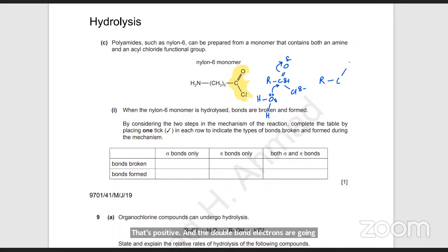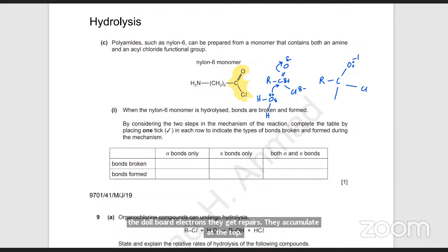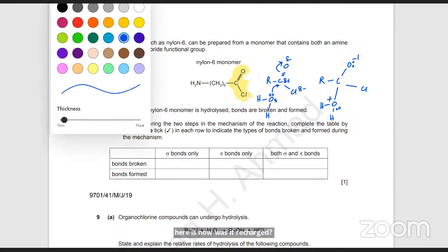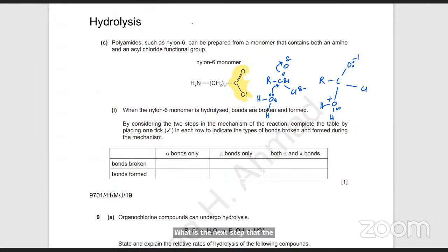The double bond electrons get repelled, they accumulate at the top, and you get a -1 charge. The Cl at the moment is not doing anything, and the water gets attracted. One of the lone pairs of water is now missing because it's gone to the carbon atom, so the water over here is now positively charged. What is the next step? The oxygen electrons come back.